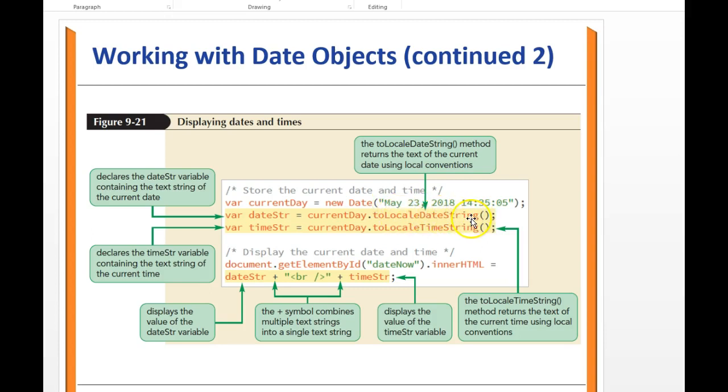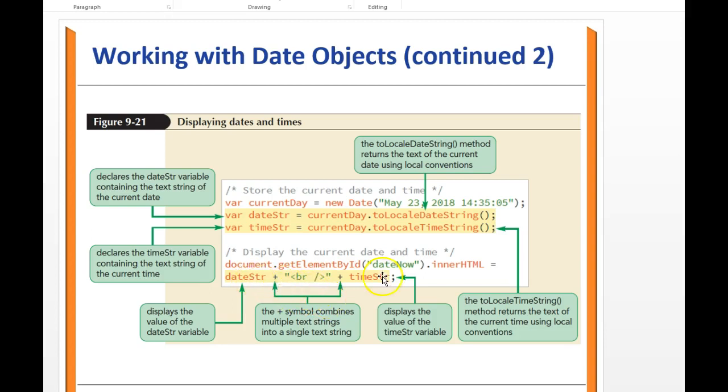date using local conventions. And then in here, after this comment, we have document.getElementById("date").innerHTML, which is equal to dateStr, which displays the value of the date string variable, and then this plus sign combines the multiple text strings.